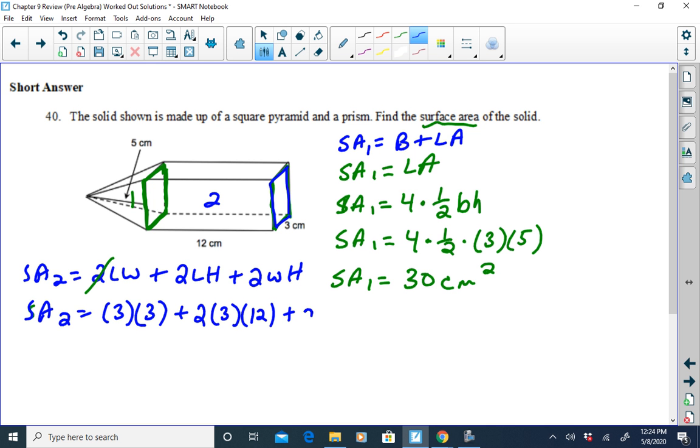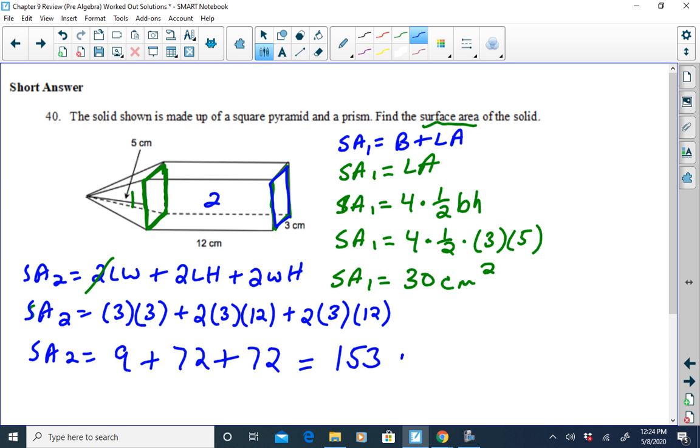And then we have 2 times width times height, and the width times height is also going to be 3 times 12. So surface area 2 is 9 plus 36, what's that? 72 plus another 72. So surface area 2 is going to be 153 square centimeters.